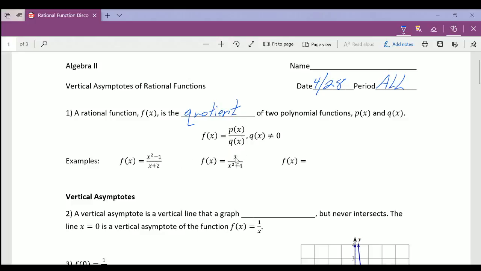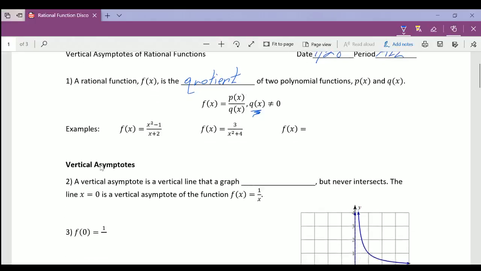Over here it's just the number 3. And q of x is the denominator polynomial. In this case it's x plus 2 or x squared plus 4. The big idea here is that the bottom polynomial, which is in this case q of x, cannot equal 0, because you cannot divide by 0.